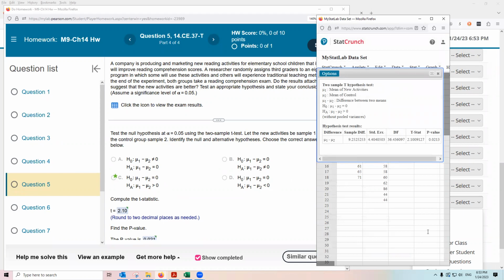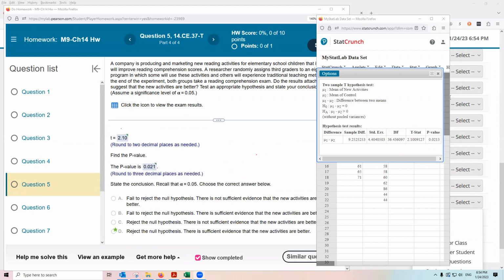All right, the first thing it's asking me is what is the test statistic? Well, here's the test statistic right here, 2.10. Then it's going to ask me what is the p-value. Scroll down here. All right, what is the p-value? Well, StatCrunch calculated the p-value for me. Here it is, 0.021. And they're telling me to use alpha equal 0.05.